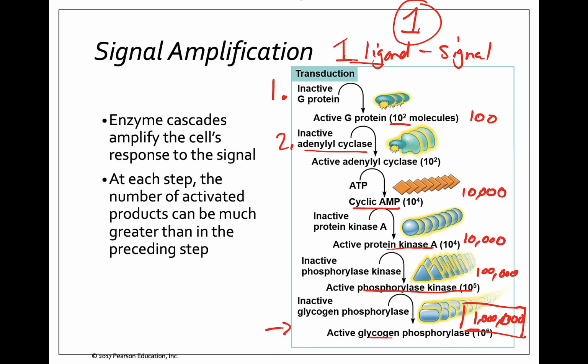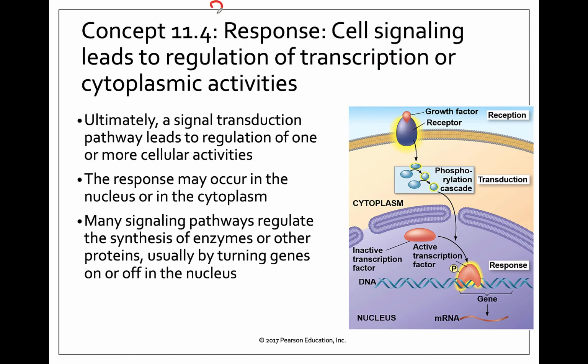And so this is amplification, going from 1 to 1,000,000, and we only increased it in 6 steps. Having 6 steps here allows us to drastically increase the response that a cell can have to even a very small signal. And eventually we will get to the third step, which is the cellular response.